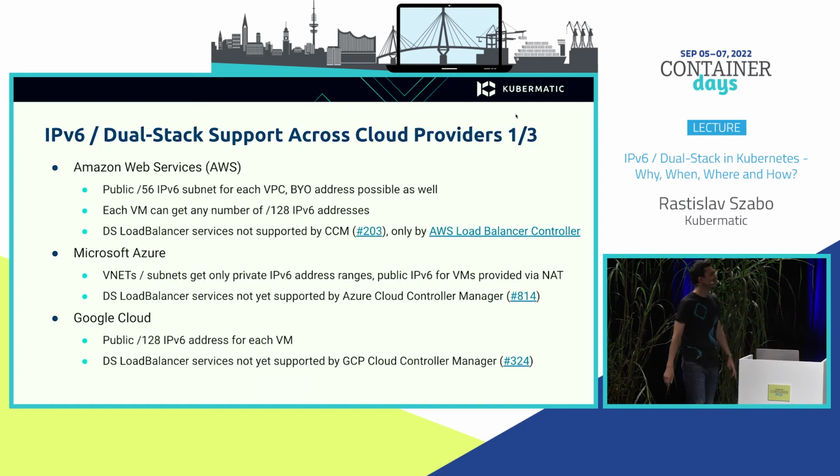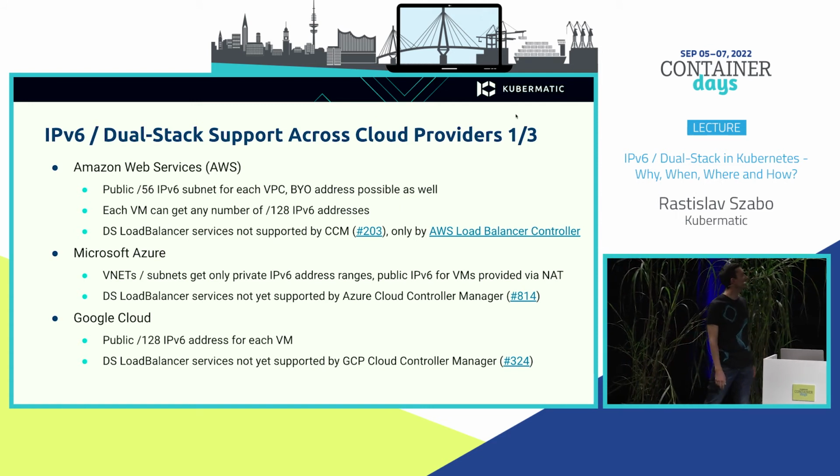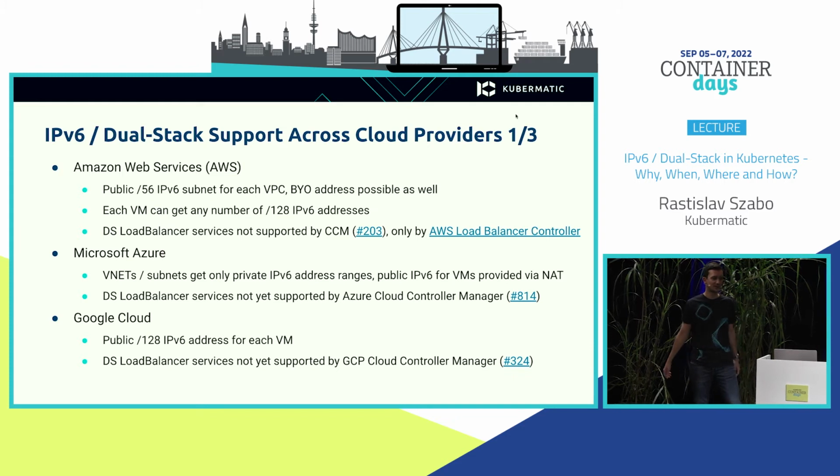OK, and to conclude the description, I would like to describe the current state of IPv6 and dual stack across some cloud providers. So let me start with the largest ones. In case of AWS, each VM can get a /128 IPv6 address from your VPC.